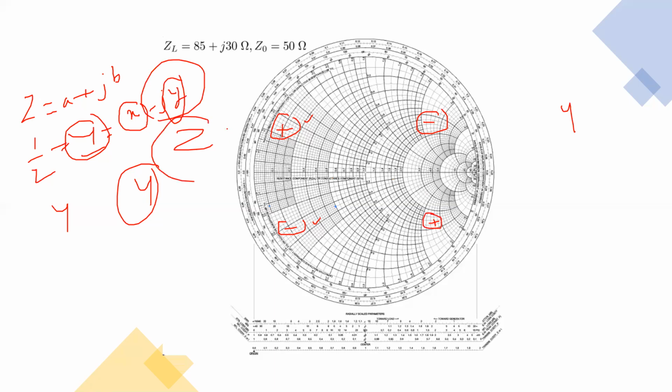If you're using impedance values, this one is inductive, this one is capacitive, therefore this is plus, this is minus. But when you're using Y, it will be reversed. If you get a minus sign in the result, this part will be associated with minus, and this part will be associated with the plus parameter. So these are the two changes you have to look out for.